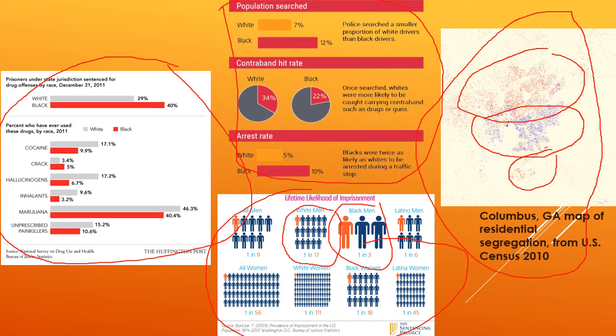So clearly a long way to go, which the Black Lives Matter movement has certainly brought to life and made into a much more salient conversation that's being had in the United States currently.